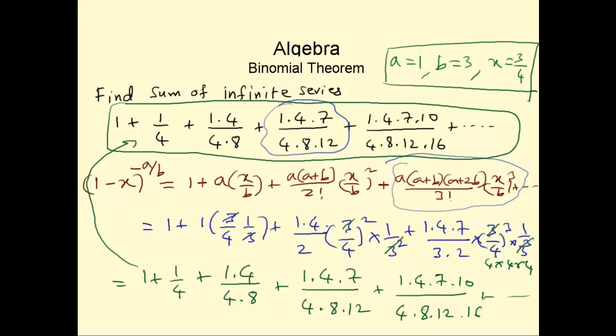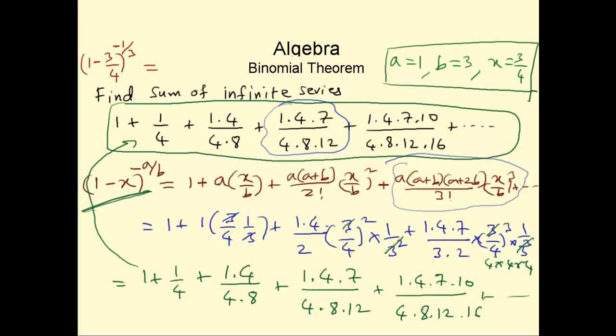So what is the expansion here? This expansion is nothing but 1 minus x raised to the power minus a over b. So let's substitute these values back in here. If you substitute x as 3 by 4, you get 1 minus 3 by 4 whole raised to the power minus a over b, which is minus 1 over 3.